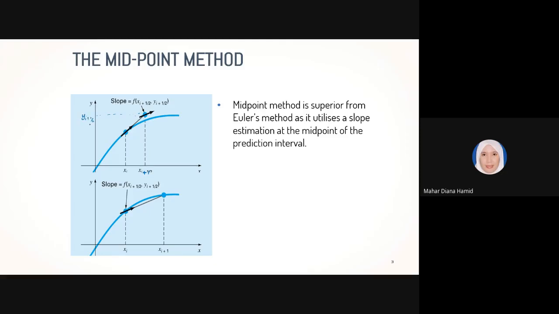After we obtain the value of yi plus half, we substitute it into the original equation, y prime, to get the slope. So first, we get the y value at the midpoint of the interval.